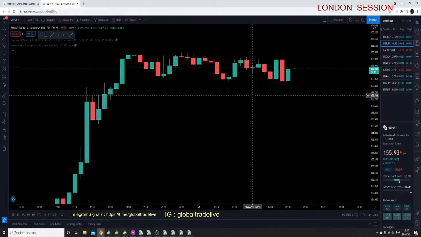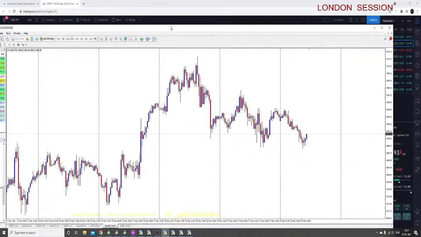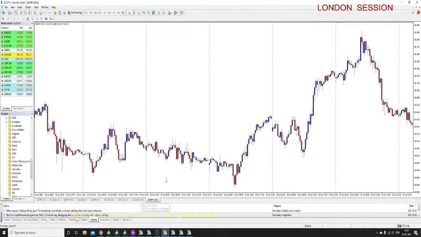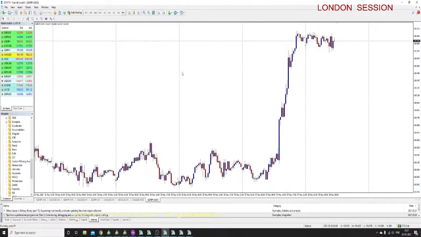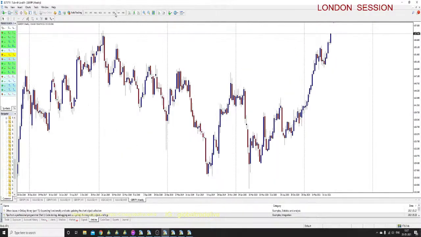I'm going to analyze this here in MetaTrader, and then we will be marking a few levels on the TradingView terminal. Let's see what we got here.